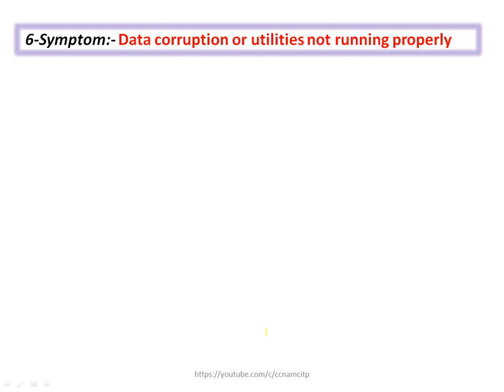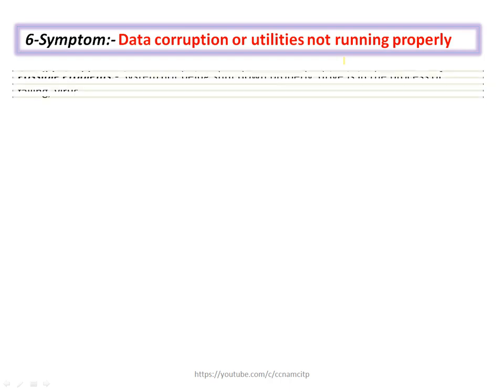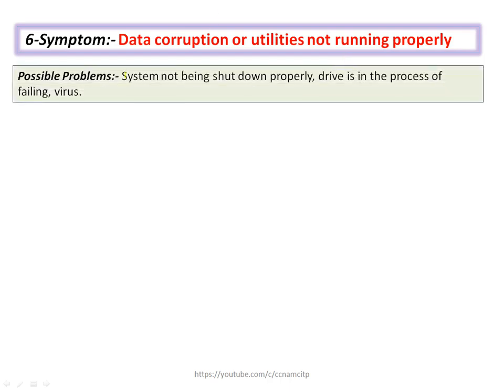Now the next symptom is symptom 6, which is data corruption or utility not running properly. So what are the reasons here? Very simple: system not being shut down properly, drive is in the process of failing, or virus. These are very common problems for data corruption or utility not running properly.